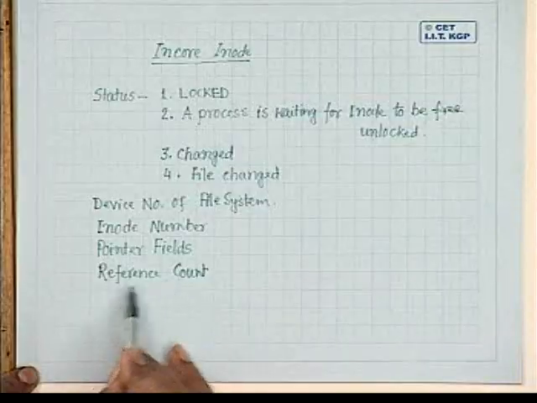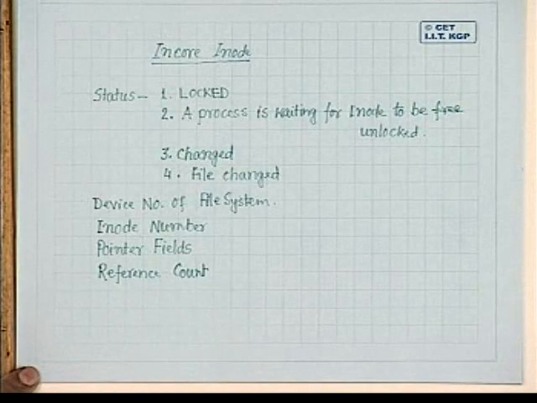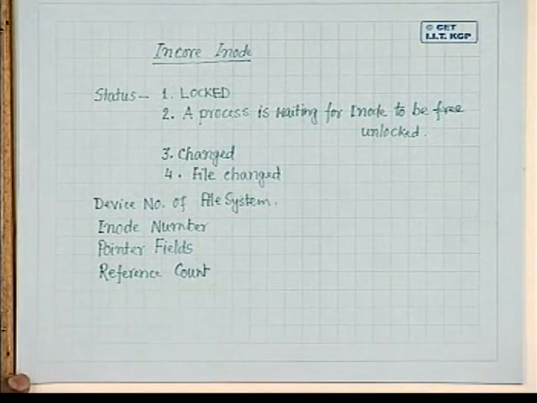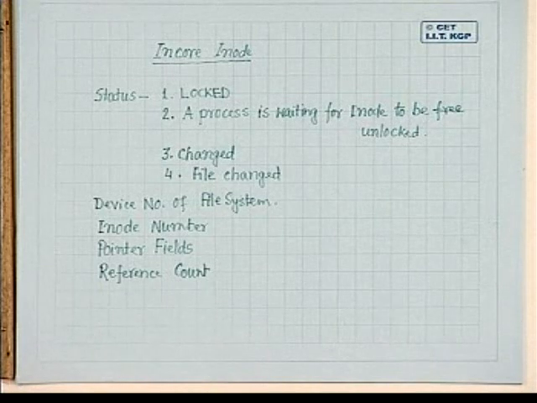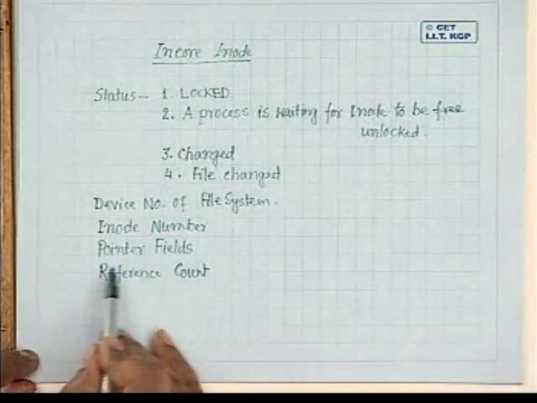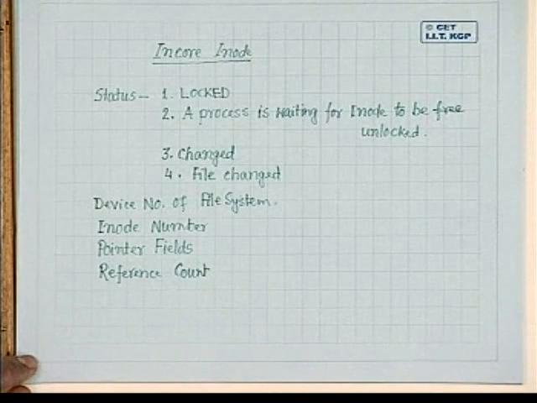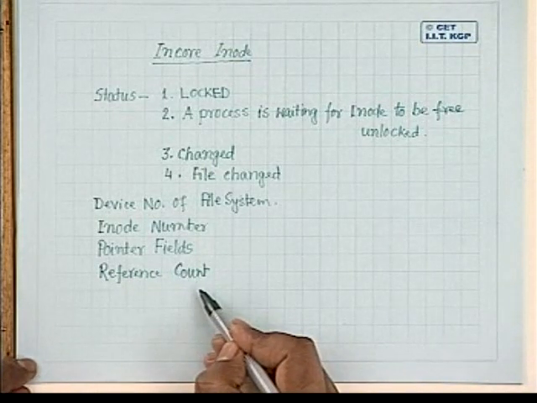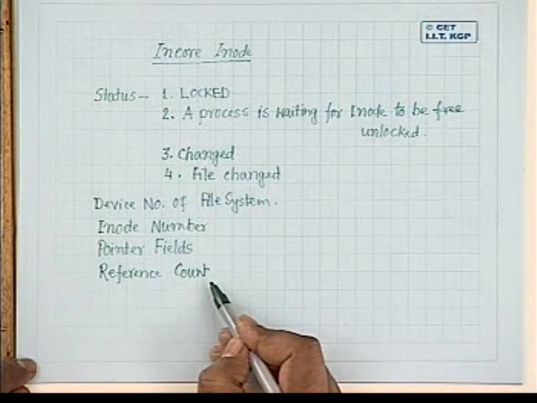When the second process also opens the same file, you search for the Incore copy of the inode, find it, and simply increment the reference count field by 1, which indicates that two processes are working on the same file simultaneously, or that I have two instances of the same inode simultaneously active. Now here comes the difference between an Incore copy of the inode and the buffer cache.